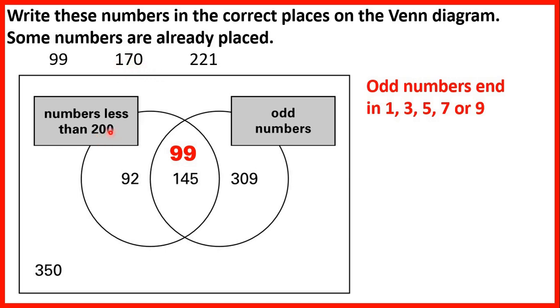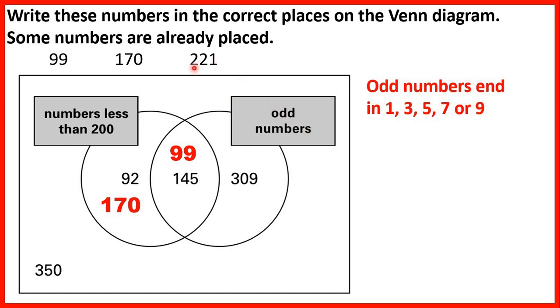That's less than 200, but 170 is an even number because it ends in a 0, so it's not an odd number. That means we need to write 170 in this section here to show that it's in the circle for less than 200, but not in the circle for odd numbers.